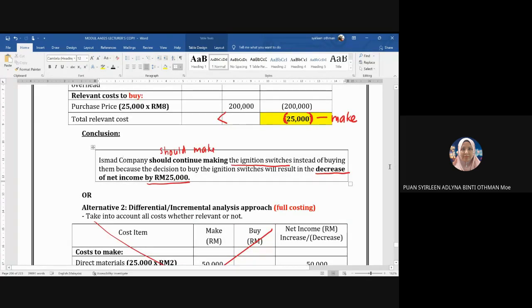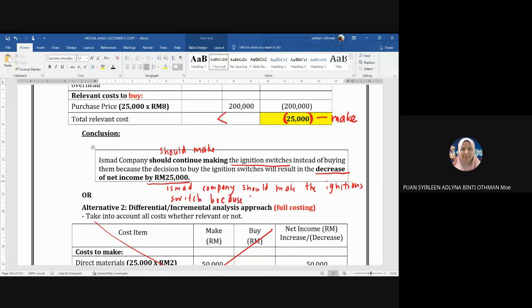Boleh. Okay, kalau I nak simplify, Ismat Company, your decision just now is making kan? Okay, should make the ignition switch. Because what?